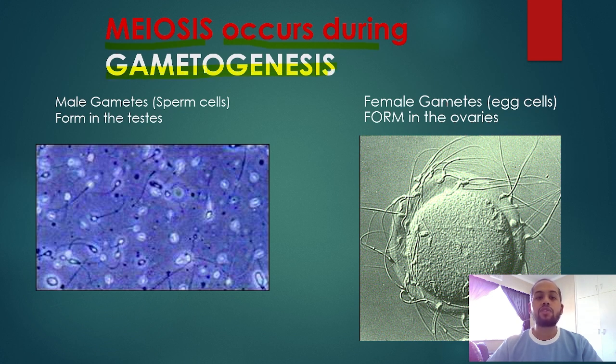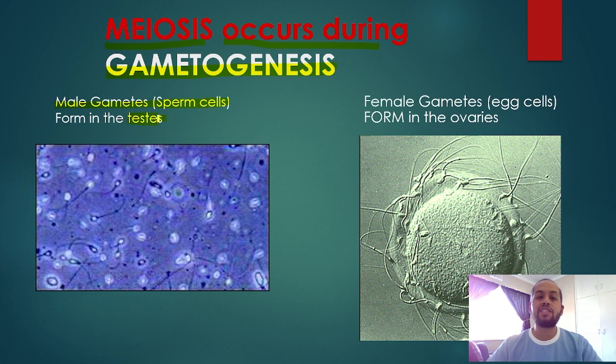And you have two types of gametogenesis. You either have gametogenesis taking place in males, or you have gametogenesis taking place inside females. When gametogenesis takes place inside males, it's going to form male gametes, referred to as sperm cells. This process will occur inside the testes.